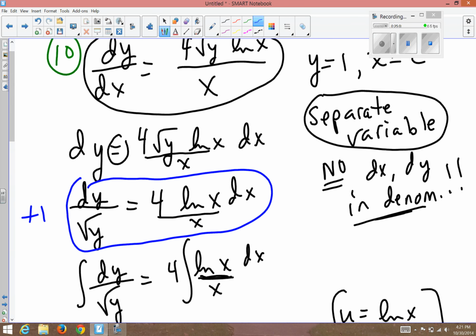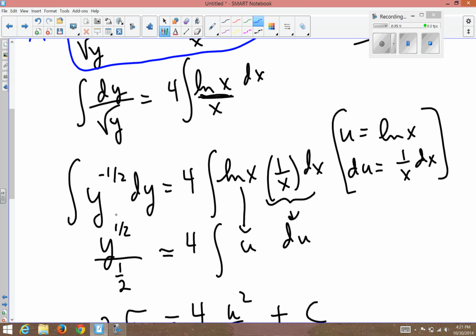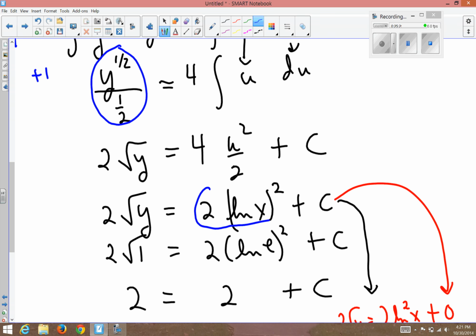If you correctly find the antiderivative of each, you get 1 point each, usually. So the correct antiderivative of this side, this is where that's correct, you get a point. The correct antiderivative of the other side, which wasn't until way down here, some work to get there, is worth a point.